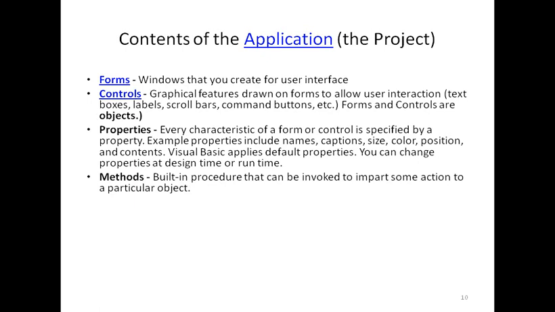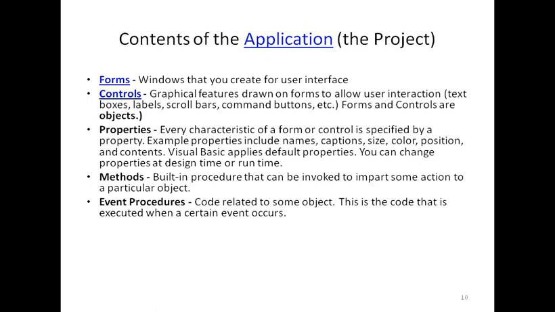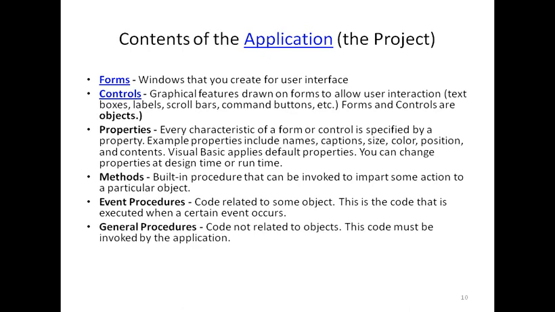Also, contents of an application are methods, built-in procedures that can be invoked to impart some action to a particular object. Event procedure, code related to some object. This is the code that is executed when a certain event occurs.